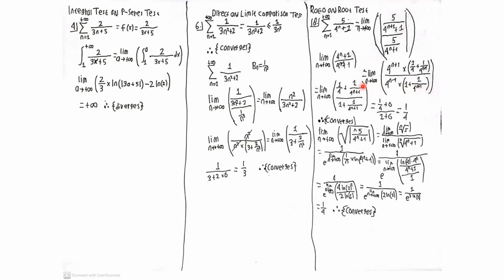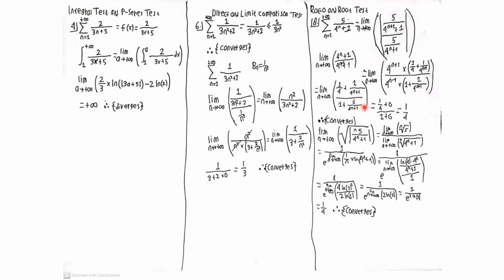In the end, we need to reduce the fraction, so it will be the limit as n goes to infinity of (1 over 4 plus 2 over (4n plus 1)) over (1 plus 1 over (4n plus 1)).